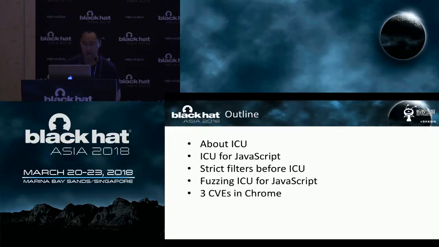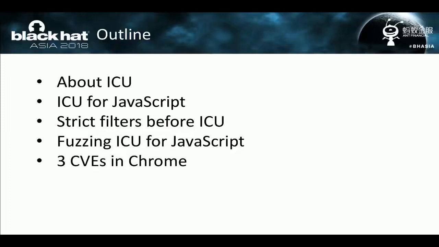The fourth part is how to fuzz ICU vulnerabilities that can bypass all the strict filters. In the last part, I will show 3 CVEs that work in Chrome, and one of them works in Chrome, Safari, and Firefox.